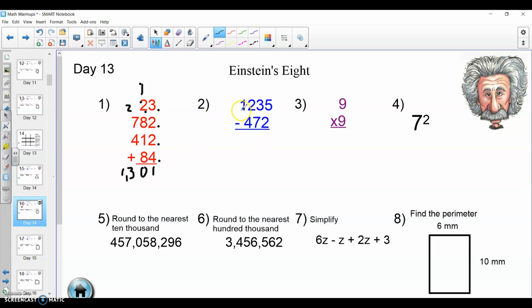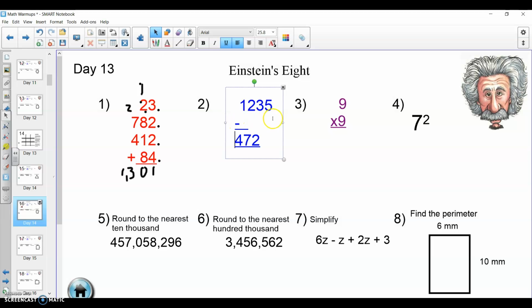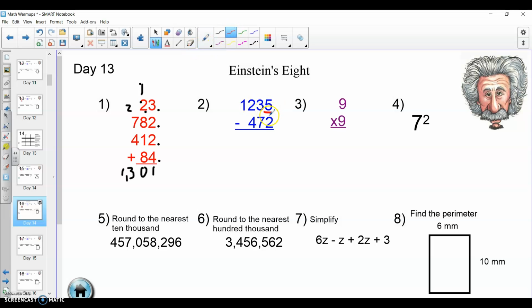Number two, I'm gonna fix this just a tad bit here. A little spacing issue. There. Okay. So we are going to do in this one 5 minus 2 because you're always starting in the upper right hand corner. So 5, counting down, 4, and 3.